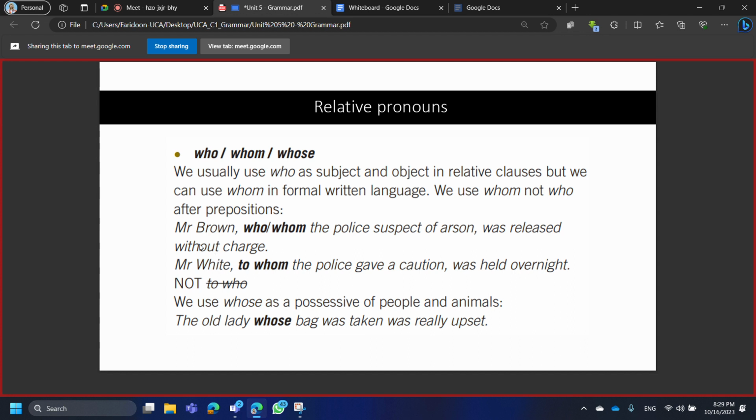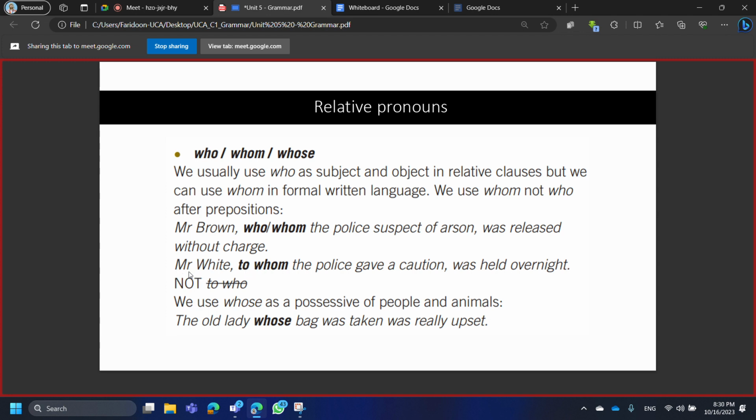For example, Mr. Brown, who or whom the police suspect of arson, was released without charge. In here, who is okay, whom is okay, but whom is a little bit more formal. And then you have the one that uses the preposition technique.